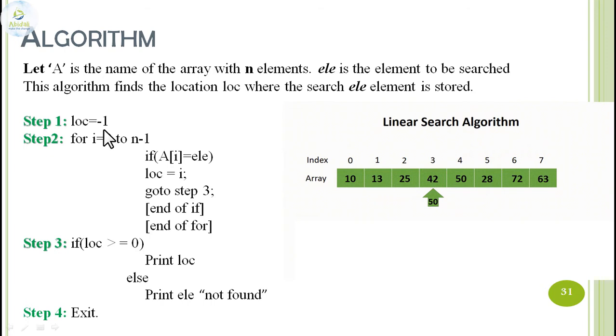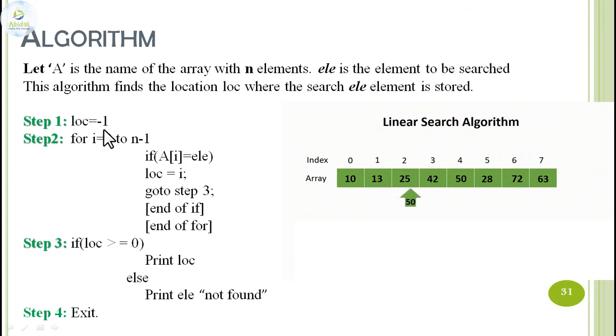So the location value will be initialized to minus 1, assuming that the search element I am searching for does not exist. What does LOC equal to minus 1 indicate? It indicates that the search element we are searching for is not present.